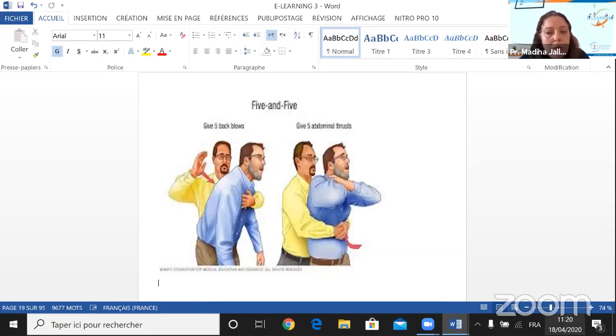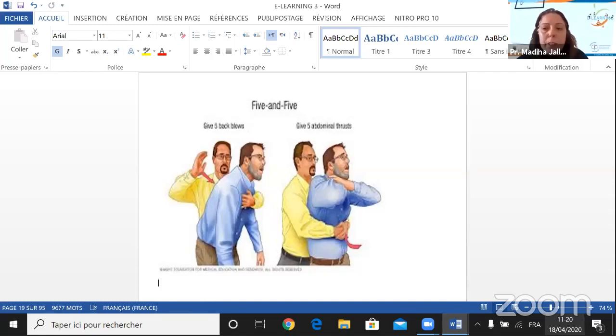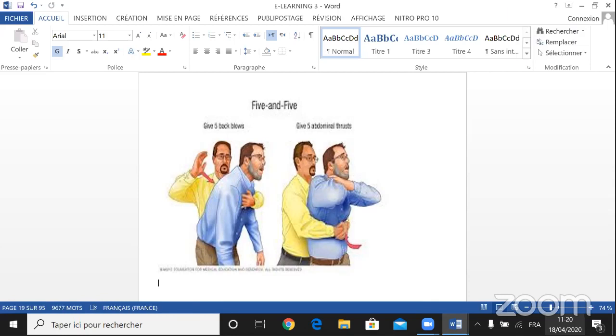On the left-hand side, you see a rescuer or a first aider doing what? Giving 5 back blows or dorsal blows.